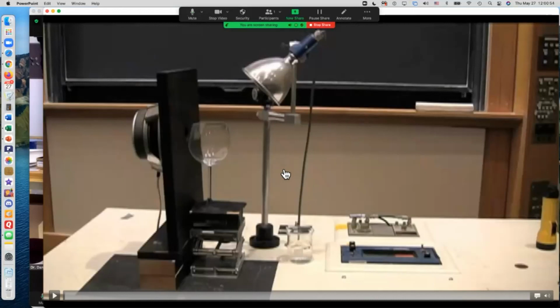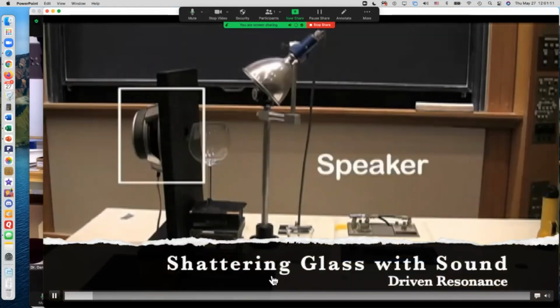Here's a little video of them breaking a glass with sound at MIT. Here's a big speaker right here. Here's a glass. And they're going to use a strobe light to allow us to see it breaking. But notice how it flexes.